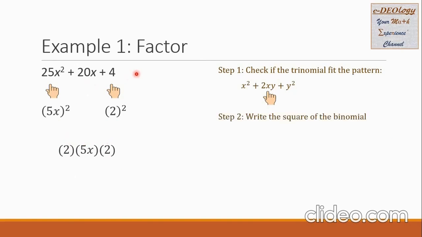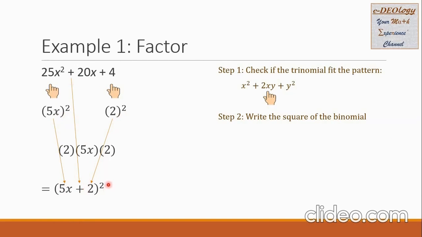We can now proceed to our step 2, write the square of the binomial, and that will be our answer. So to write our answer, we're going to put 5x as the first term here, and that 5x is the base of the first term, and then plus, this positive sign comes from the sign of the middle term, and the number 2, and this number 2 is the base of the third term.